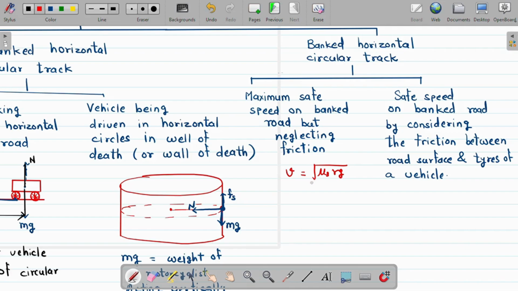And if someone wants to drive a vehicle greater than this speed, then to have safety, the road is banked. Let us derive the maximum safe speed on a banked road. But for this part, we are neglecting the friction. Okay. So now this is also called the maximum safe speed on an unbanked road.